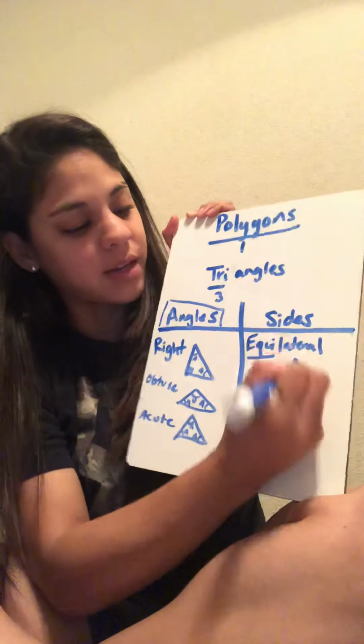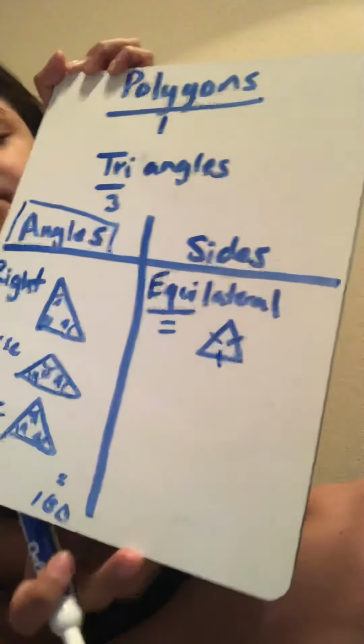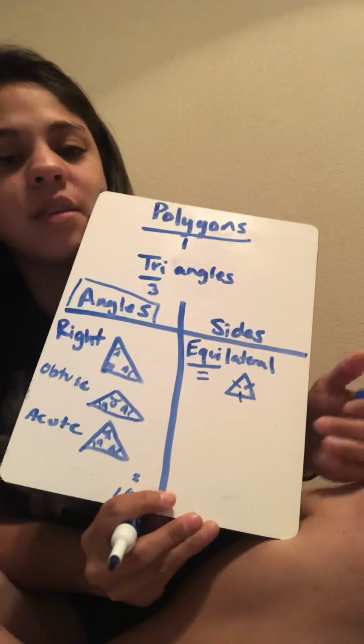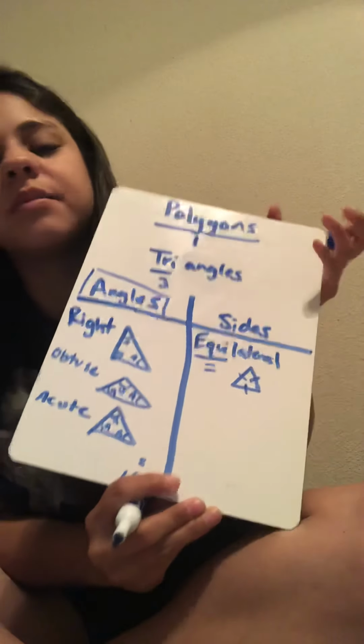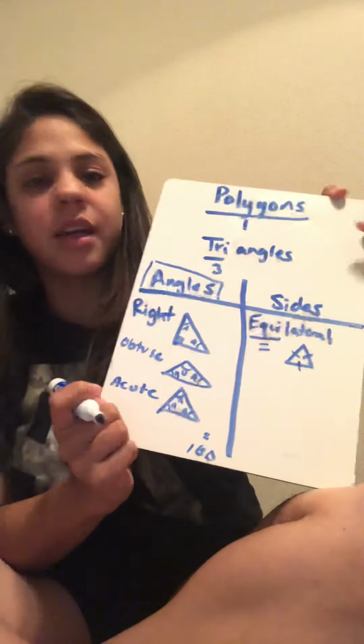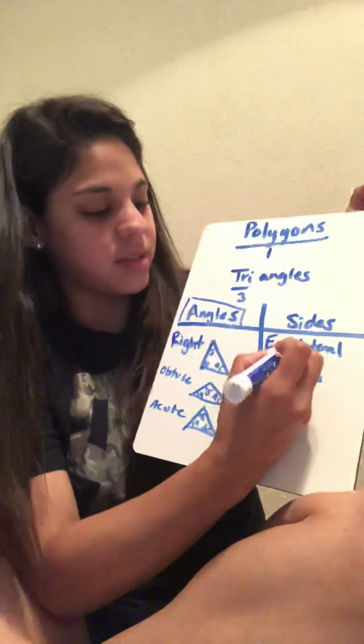Now, if you remember in class, I told you that if it has those tally marks and they all have the same one, so in this case, each side has 1 tally mark, that means that all the sides are equal, okay? So equilateral, 3 equal sides.